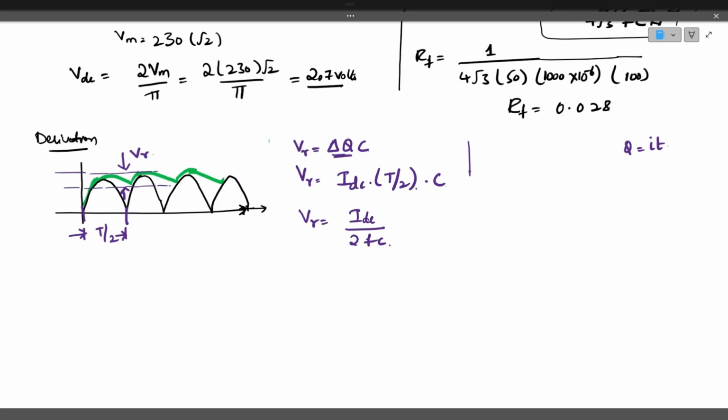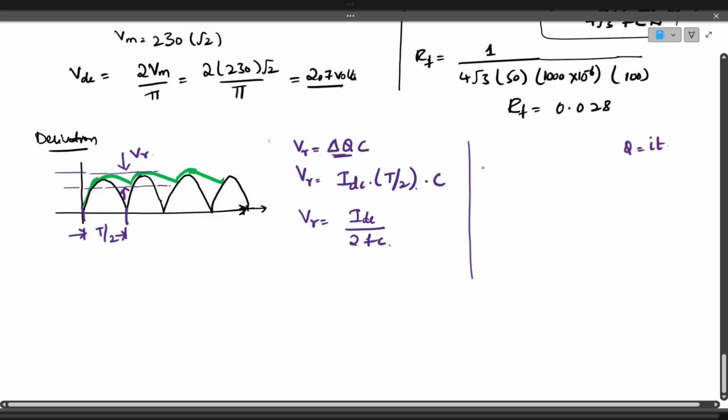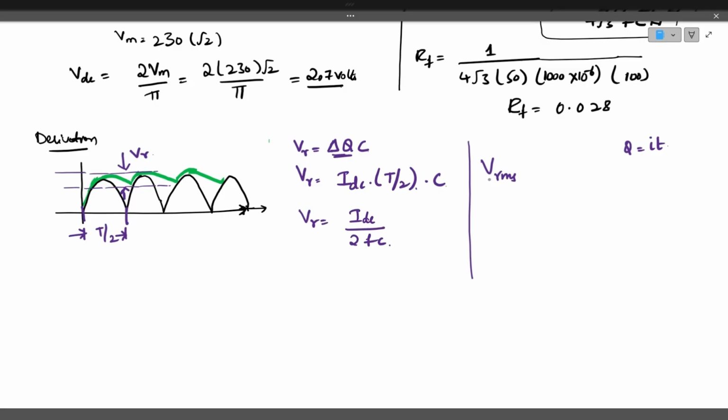Now, VRMS. What is the VRMS of the ripple voltage? If you observe the ripple voltage, it is similar to a triangular waveform. So the VRMS of a triangular waveform needs to be taken. VRMS of a triangular waveform is nothing but VR divided by 2 root 3.